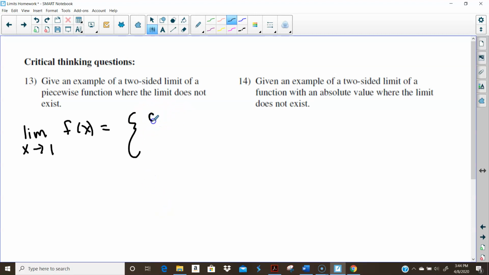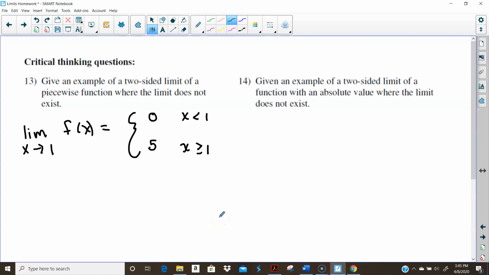So I could say f of x equals 0 and f of x equals 5, which are both just horizontal lines. Here I would have x is less than 1, and here x would be greater than or equal to 1. And this piecewise function does not have a limit.